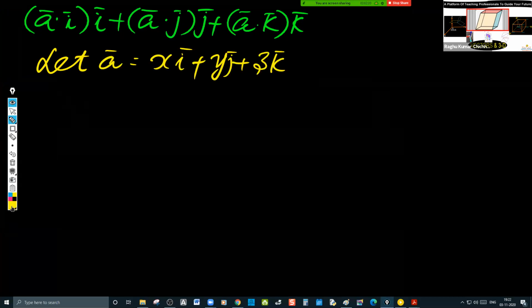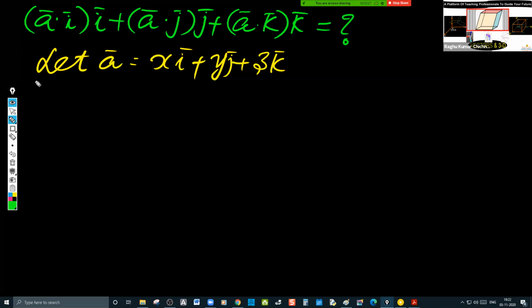Now, the question, if you see, this is to be found out. What is A dot i? A bar is taken. What is A bar dot i bar? A bar dot i bar means on both sides you have to find the dot product with i bar: x i dot i plus y j dot i plus z k dot i.